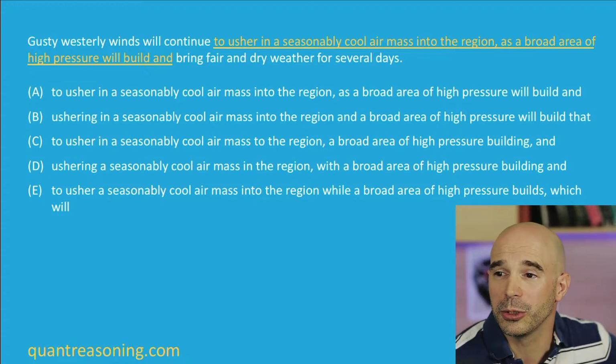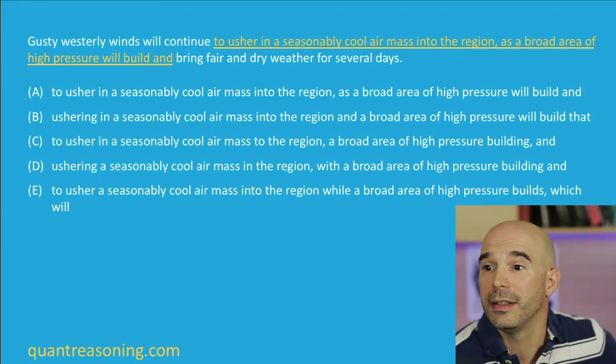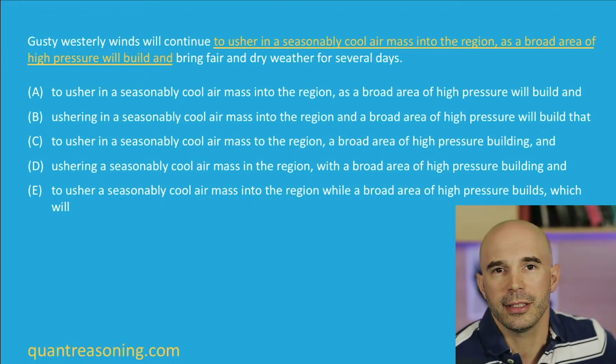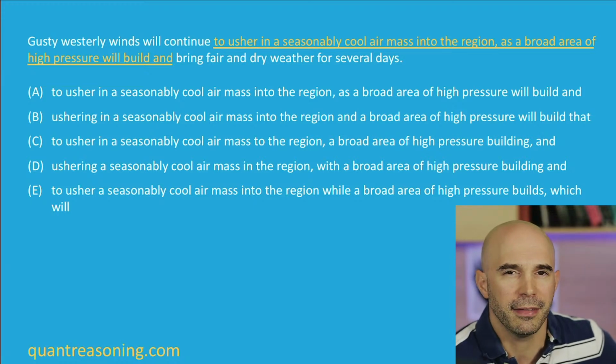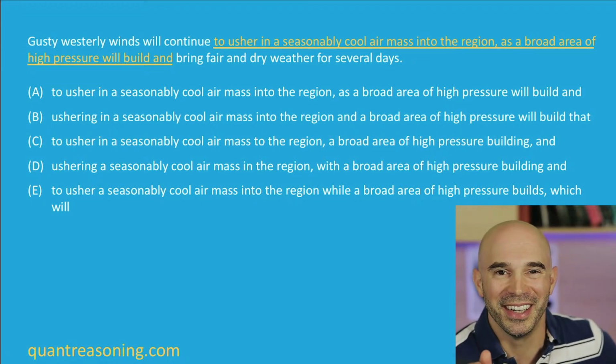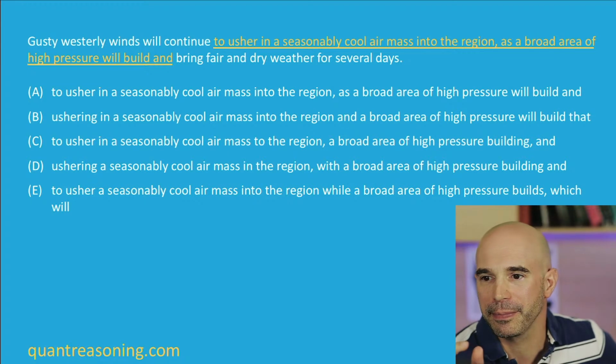And if I continue answer choice C to the end, I have comma and bring. Bring is a verb. So we have a list of 3 items. The second item doesn't have a verb and the third item does have a verb. That doesn't make any sense. Call that parallelism if you want. I'll call it meaning. We can argue until the cows come home. I think it's both. So let's go ahead and eliminate C.